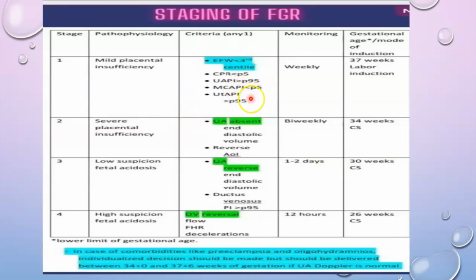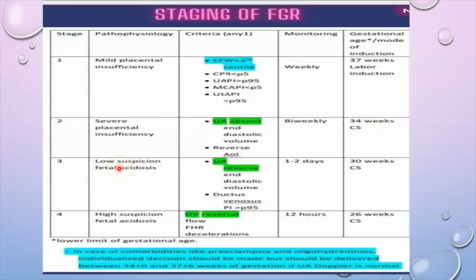In all these cases, the monitoring is done weekly and termination of pregnancy can be done at 37 weeks with labor induction. In grade 2 IUGR, that is severe placental insufficiency, the umbilical artery end diastolic flow is absent and bi-weekly monitoring has to be done, and pregnancy should be terminated by a caesarean section at 34 weeks.